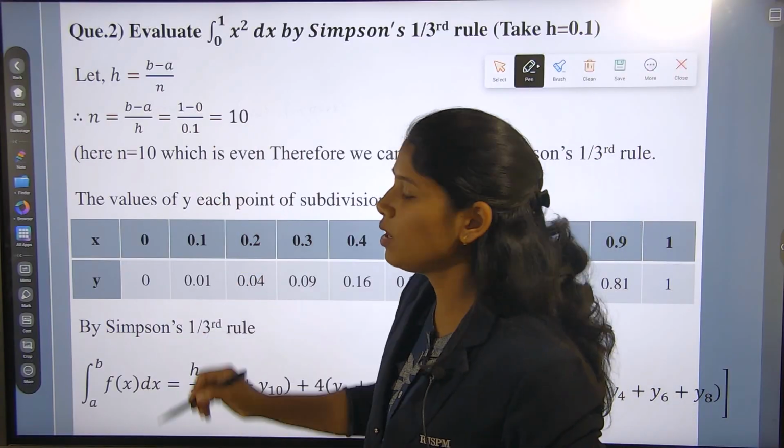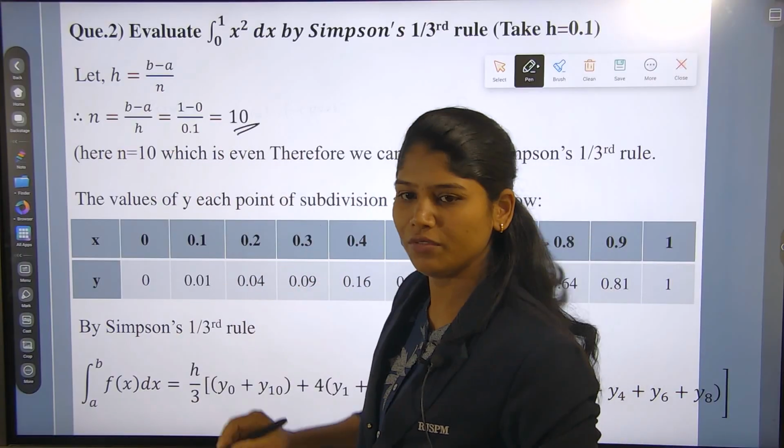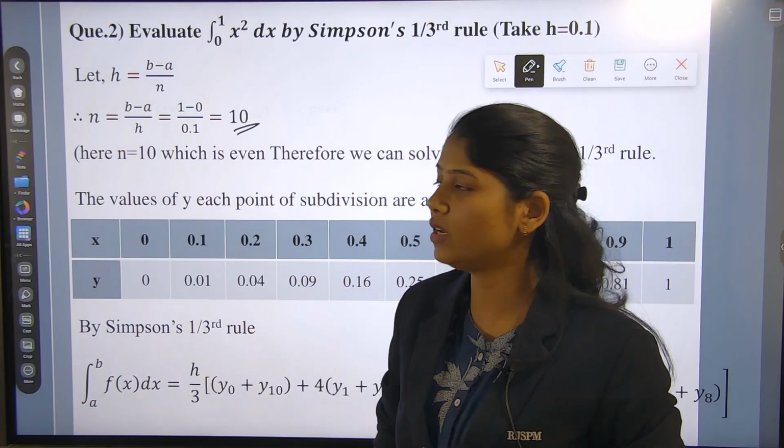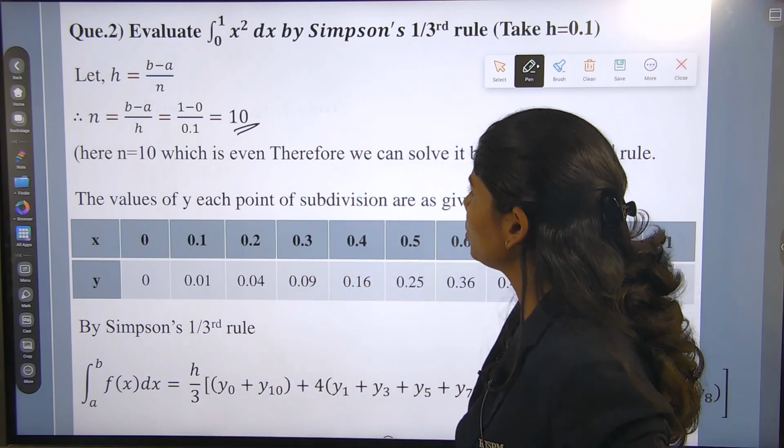So we get here 1 upon 0.1. After solving, we get the value of n is 10. We can see that 10 is an even number. Therefore, we can apply Simpson's 1/3 rule for this question.